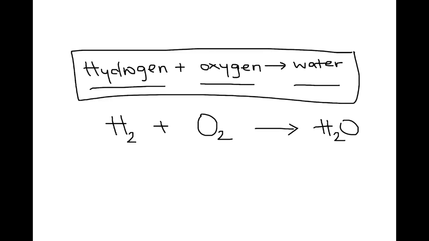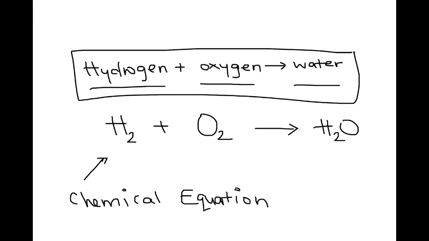So this is a chemical equation where you have the chemical formula of all the different substances that exist in that word equation. Okay, now if you look at this chemical equation here, you will see that there is two hydrogen here on the left hand side and there is two hydrogen on the right hand side, which is great, which satisfies the law of conservation of mass.